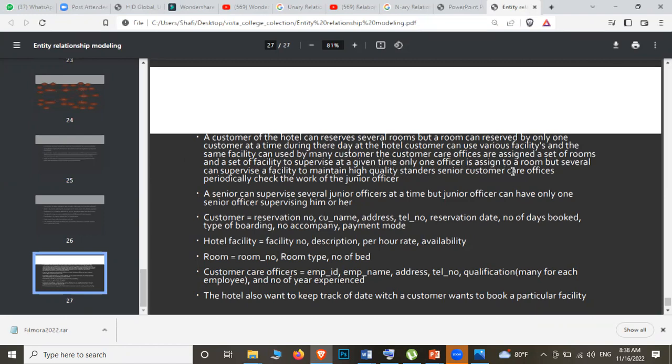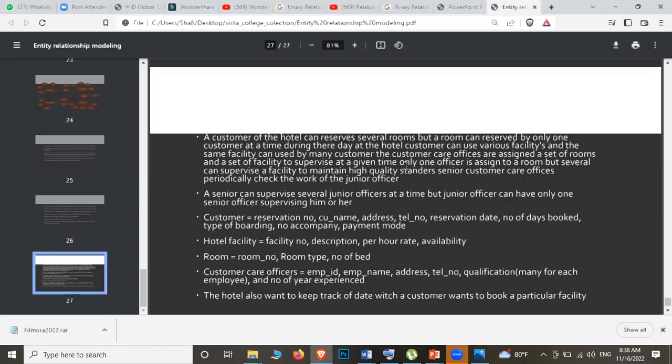Only one officer is assigned to a room, but several can supervise a facility to maintain high quality standards. A senior customer care officer periodically checks the work of the junior officers. A senior can supervise several junior officers at a time, but a junior officer can have only one senior officer supervising him or her.